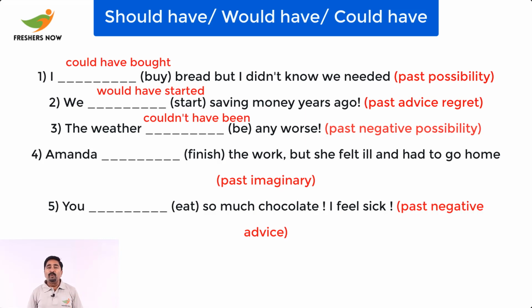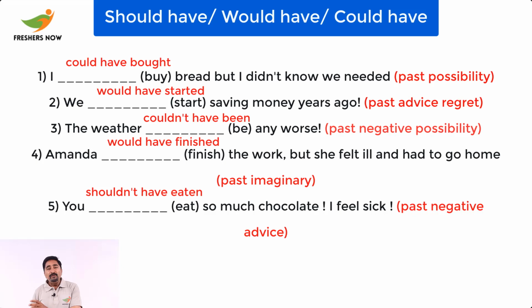And see the fourth one there: Amanda would have finished. And the last one, which is about negative advice: shouldn't have eaten.